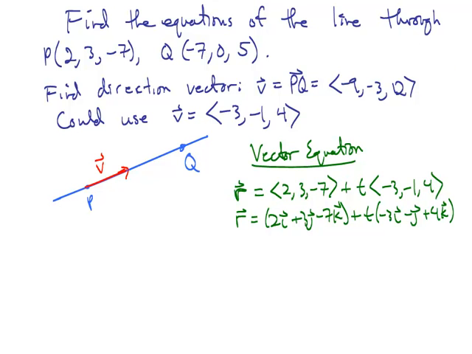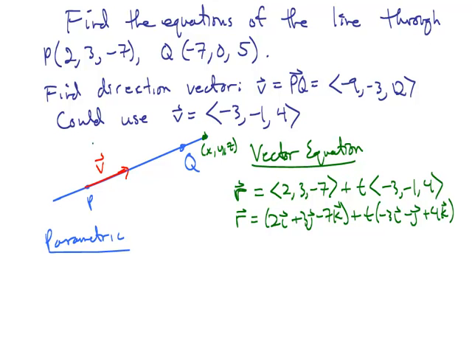Okay, now let's turn our attention to parametric. Here we would think about this as the vector to go from P to any other point on my line. Say I got some point out here, (x, y, z).